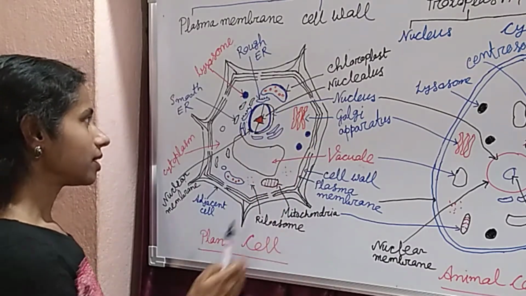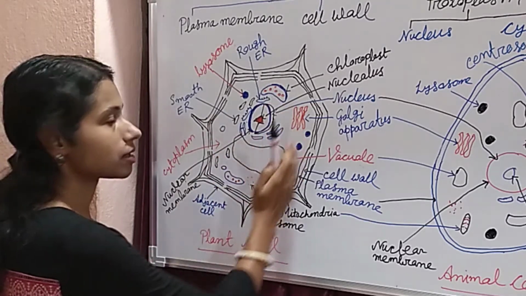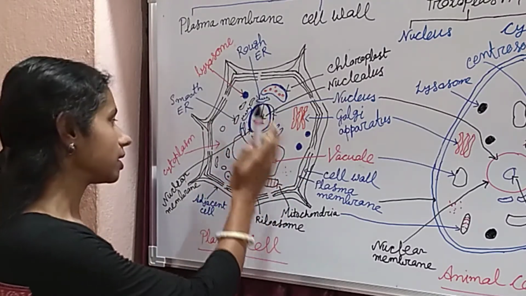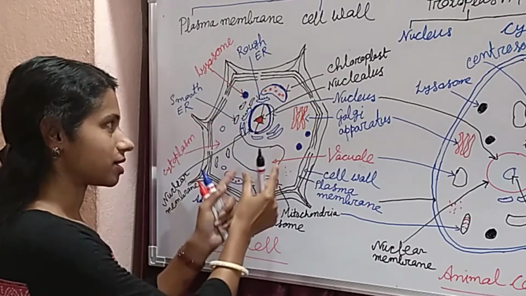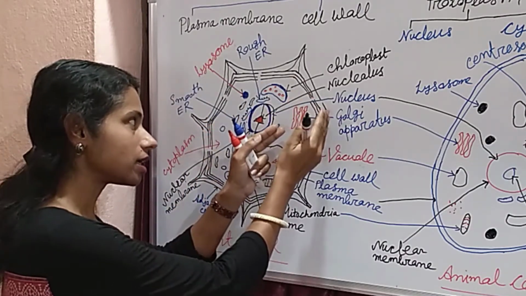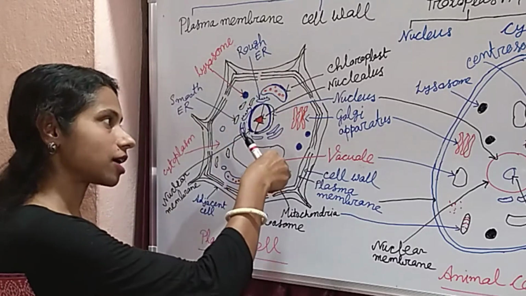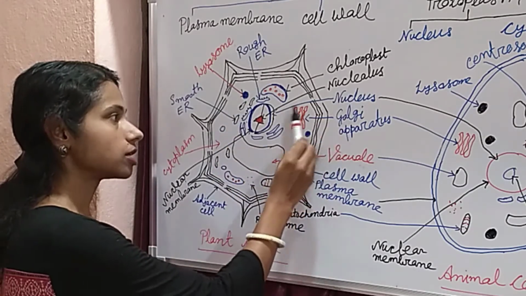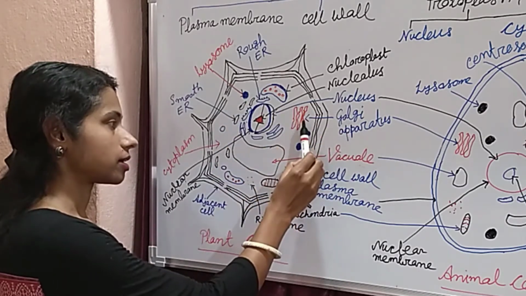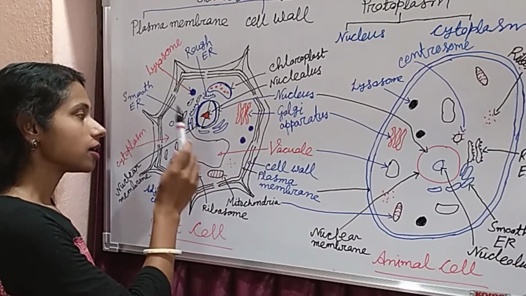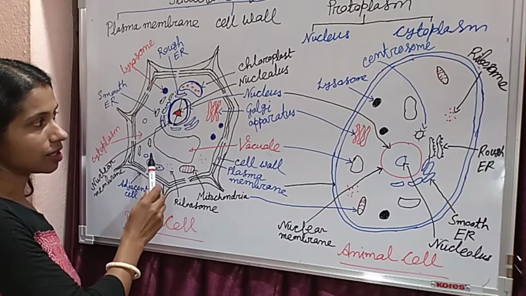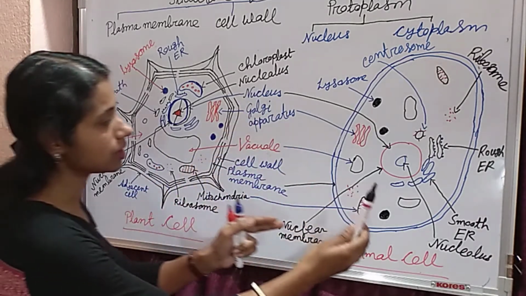All the organelles are present in the cytoplasm, the jelly-like structure. This is the Golgi body or Golgi apparatus. And see the vacuole. The vacuole is bigger in the plant cell.